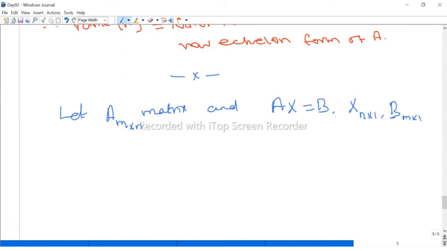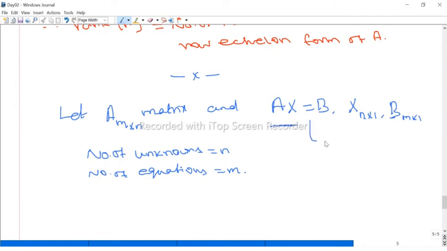Therefore the number of unknowns is n and the number of equations is m. The system contains n unknowns, x1, x2, up to xn, and m equations. We call this system equation number 1.